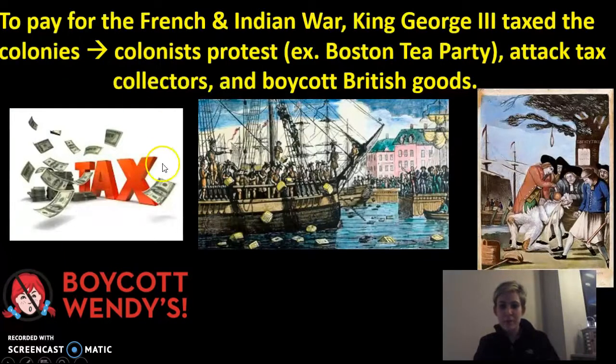An example of boycotts for you, like some people say boycott Wendy's, it's when you ban something or refuse to go there or use that product, just like boycotting tea. Make sure that you fill in that term taxed. King George III taxed the colonies, and colonists would protest, and to show me you're listening, highlight the word boycott.